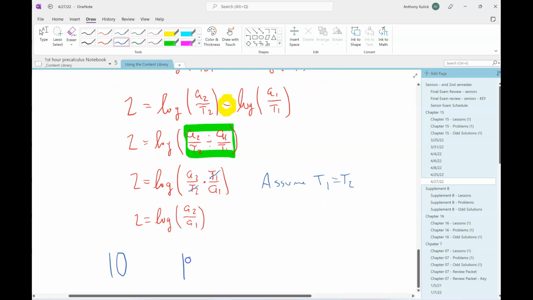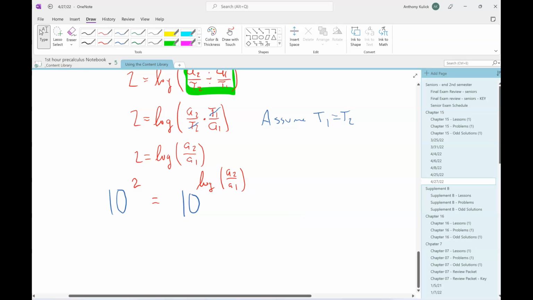So I'm going to do the exponent base 10 to both sides. Again, notice that I'm making that 10 really big so I don't accidentally mistake it as multiplication. I know exponent base 10 cancels log base 10.